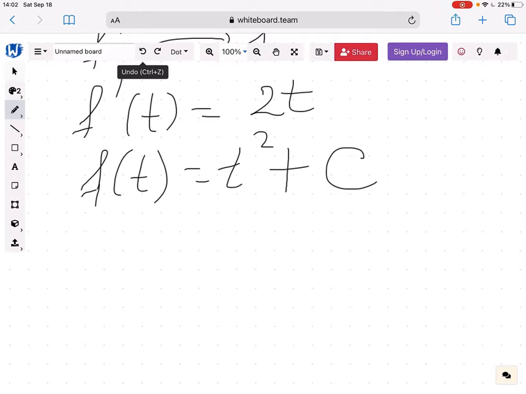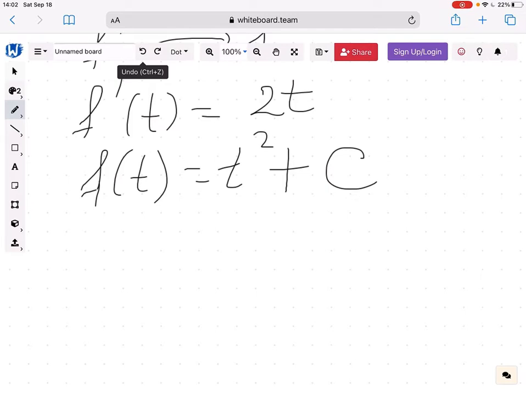So when we had a function and we wanted to find a derivative, we pretty much had a unique answer. But when somebody gives us a derivative, it looks like there are actually infinitely many answers. So by knowing the derivative, we actually have some uncertainty when it comes to the actual function.